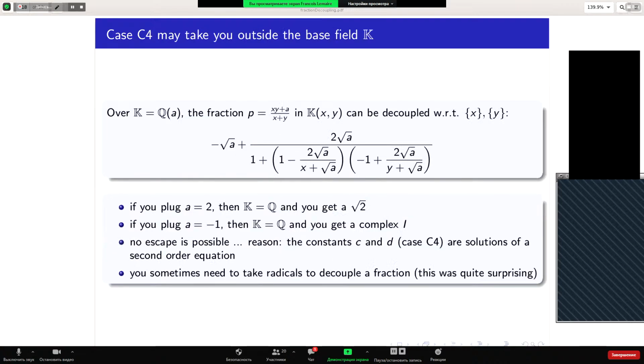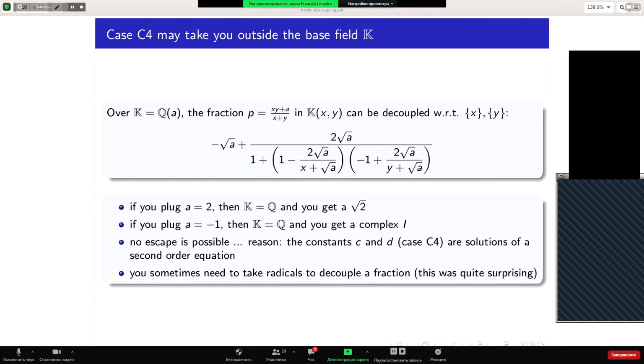The last point before I finish is that there is a trick with the case C4 which can take you outside the base field. To show this, consider this very easy fraction, (xy + a) over (x + y). This fraction can be decoupled if you allow the square root of a. So this fraction p is equal to this big fraction here with square root of a everywhere.